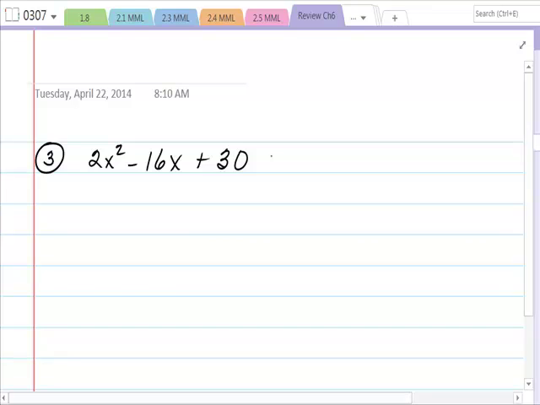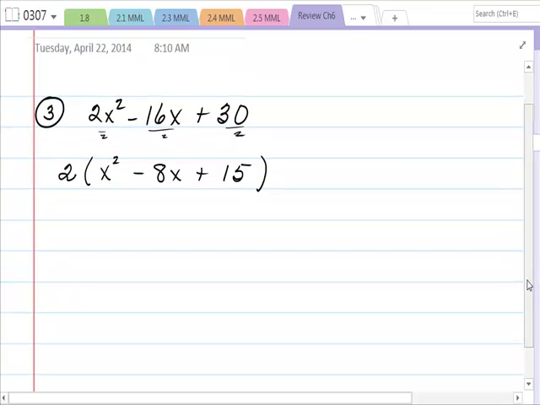Can you think of something that goes into all of them? 2. They're all even. All the coefficients are even. 2 is a common factor. So if I factor out the 2, that means I'm dividing everything by 2. That leaves me with x squared minus 8x plus 15 in the parentheses. Is that okay?